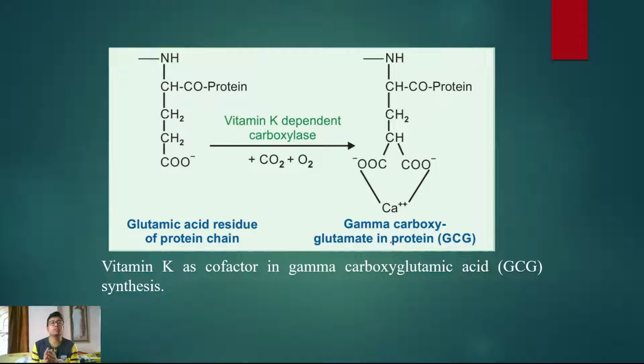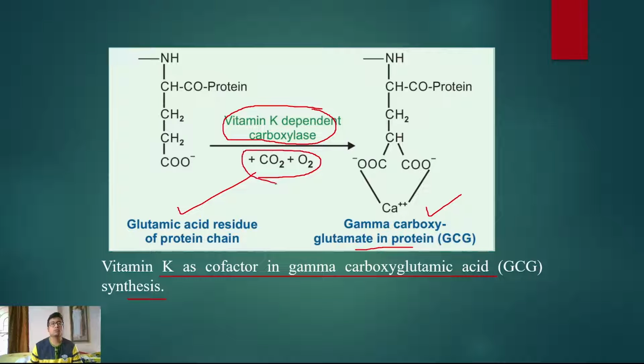You don't need to remember the structure, but remember glutamic acid residues of the protein chain are carboxylated. Okay, so gamma carboxyglutamate in protein, GCG, and vitamin K acts as a cofactor in this reaction. So it is a vitamin K dependent carboxylation. A CO2 group, a COO group will get imparted over here, see.